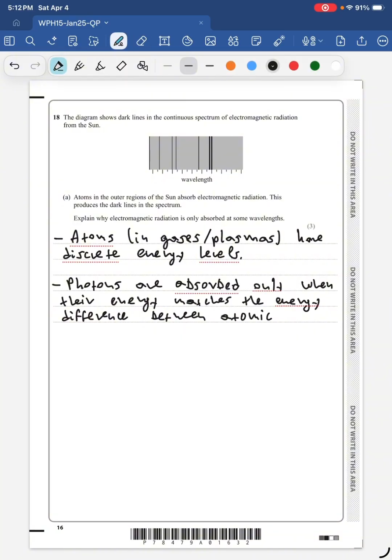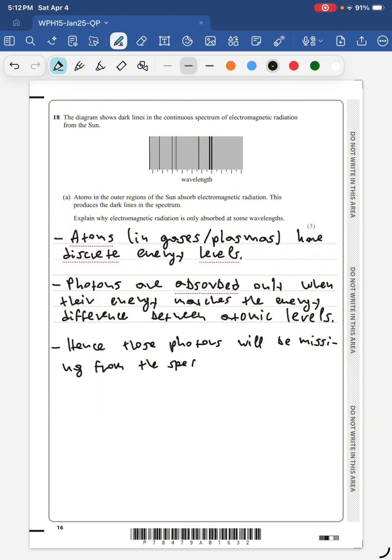Hence, those photons will be missing from the spectrum because they were absorbed and then re-emitted at some other point, but in general they are missing, and they create the dark lines because these lines are absorbed by the gases in the outer layers of the sun.